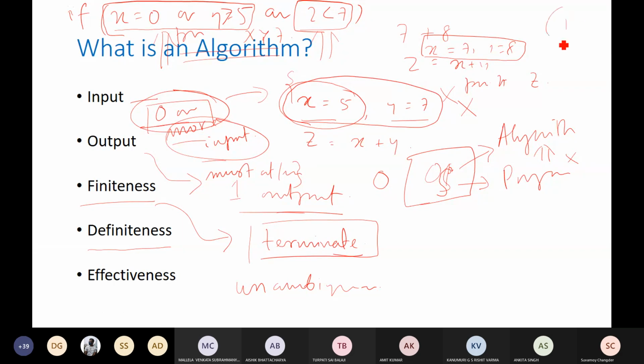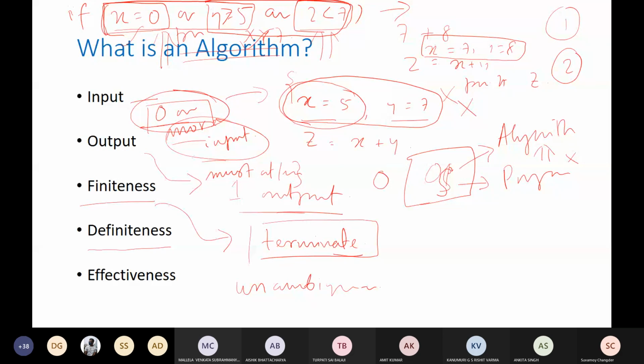So this is statement 1. Another reading is that x equals 0 is one statement, and or y greater than 5 and z less than 7 is another statement. So either this one is true or this one is true, and x, y, z will get printed. Therefore, we are getting two different statements from a single sentence. So this is an ambiguous statement.